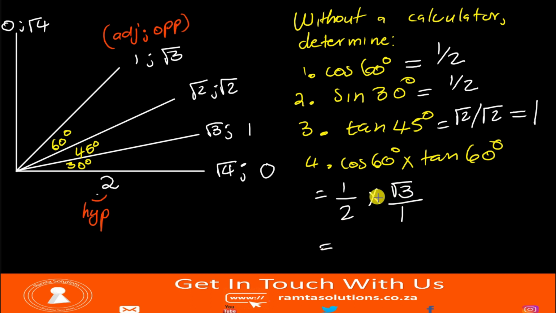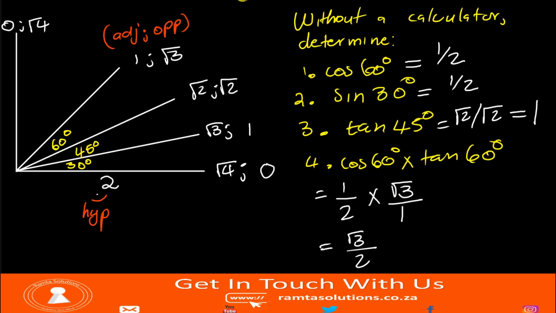There's no cancellation here, so numerator times numerator is root 3, and denominator times denominator is 2. If you press cos 60 multiplied by tan 60 degrees, you will get root 3 over 2. When they say without using a calculator, you should be showing steps like these.